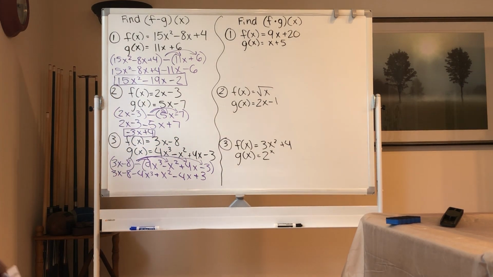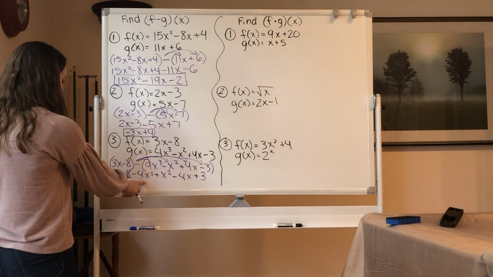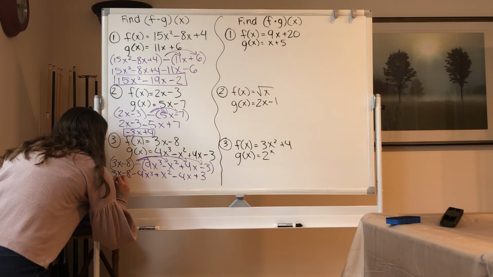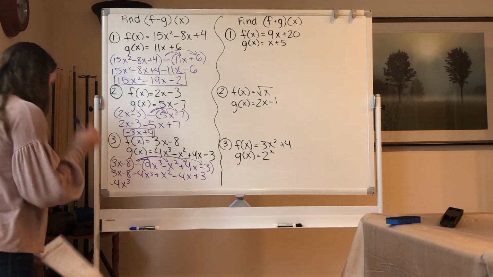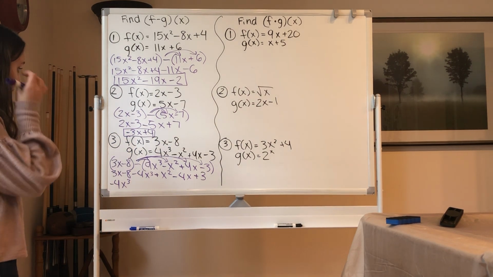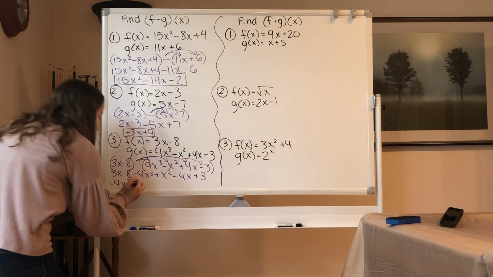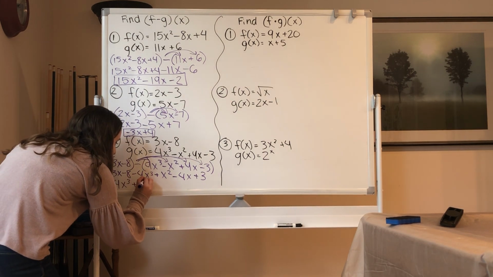Now let's see what we can combine here. Negative 4x cubed is our first term, and it doesn't combine with anything, so we have negative 4x cubed. We have our x squared term, which doesn't combine with anything, so plus x squared.